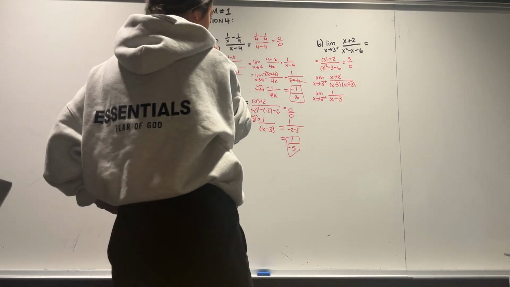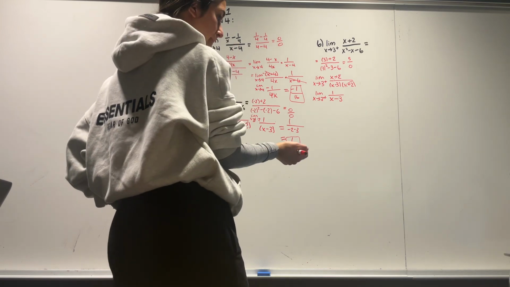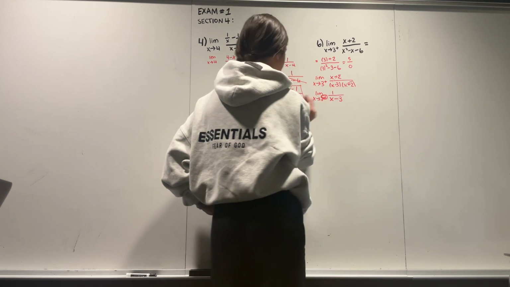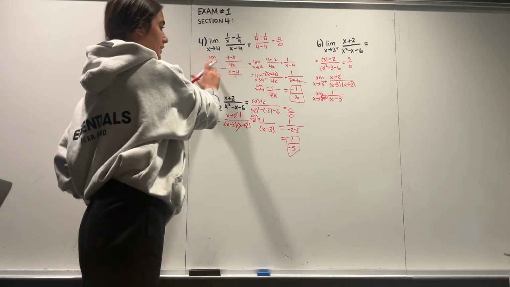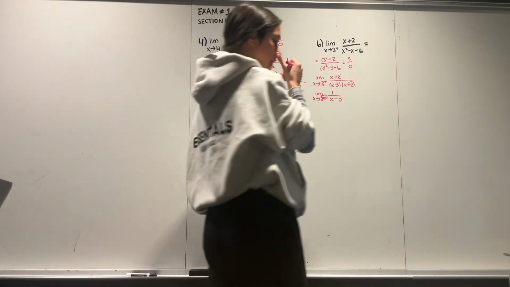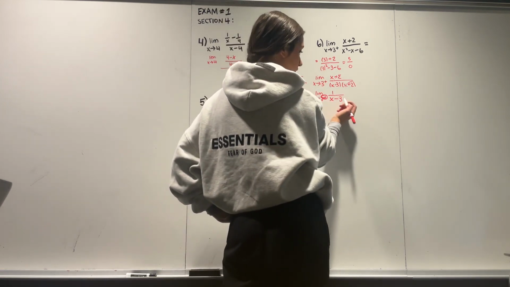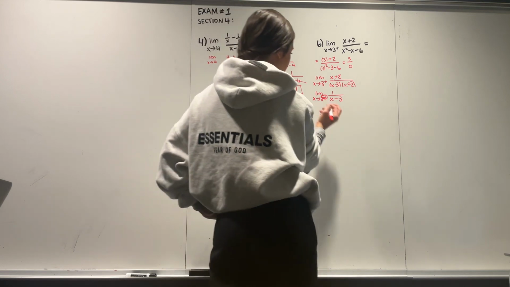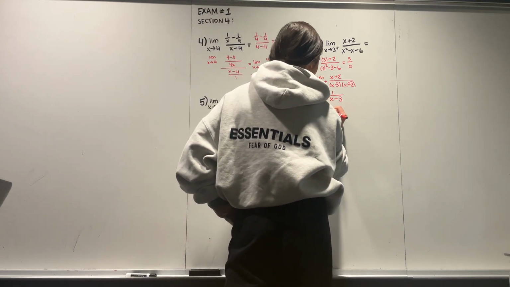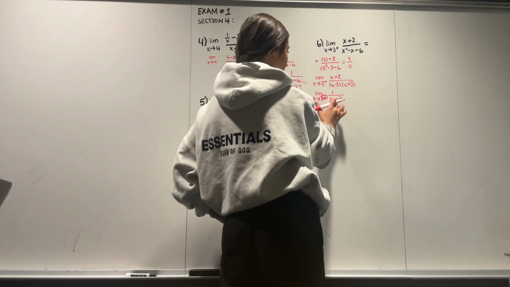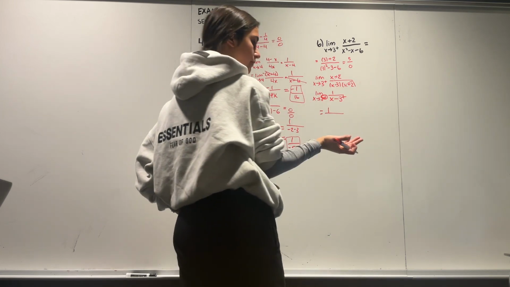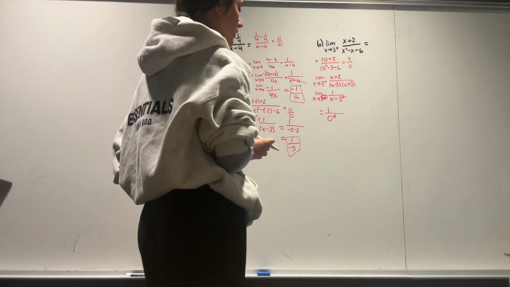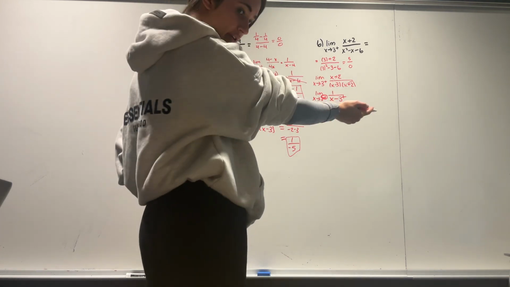Now, since this is a right limit, it's not like these ones. These don't have a left or a right. So this is going to become 1 over, and this, because it's plus, is going to be 0 from the right, because 3 minus 3 is 0.